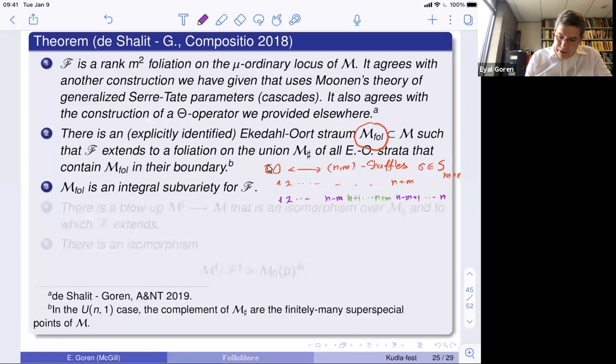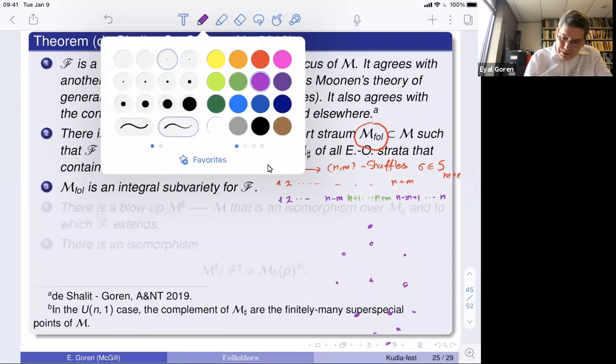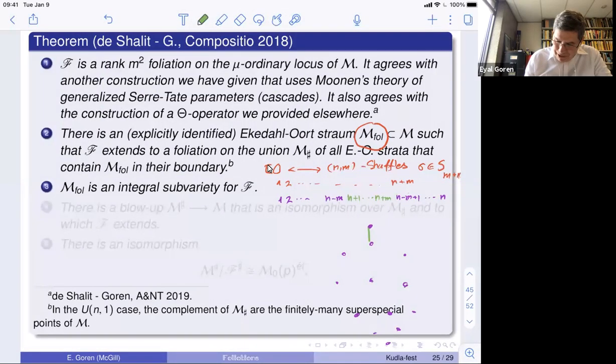And maybe I should mention that if you draw the picture of Ekedahl-Oort strata, it's a very complicated diagram, even for those simple Shimura varieties. Going to smaller strata, it could be a very non-symmetric diagram, and so on.